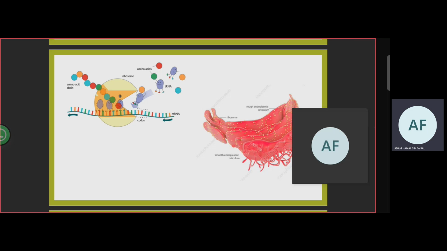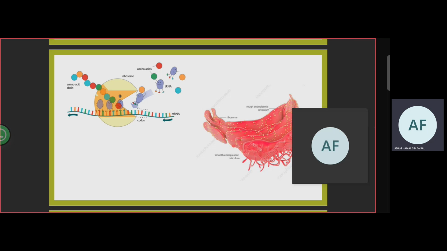Besides the ribosome, we have the endoplasmic reticulum. The endoplasmic reticulum is a system of interconnected folded flattened sacs. Its membrane is also continuous with the nuclear membrane. There are two types of endoplasmic reticulum. Rough endoplasmic reticulum has ribosomes attached to the surface, and smooth endoplasmic reticulum does not have ribosomes.